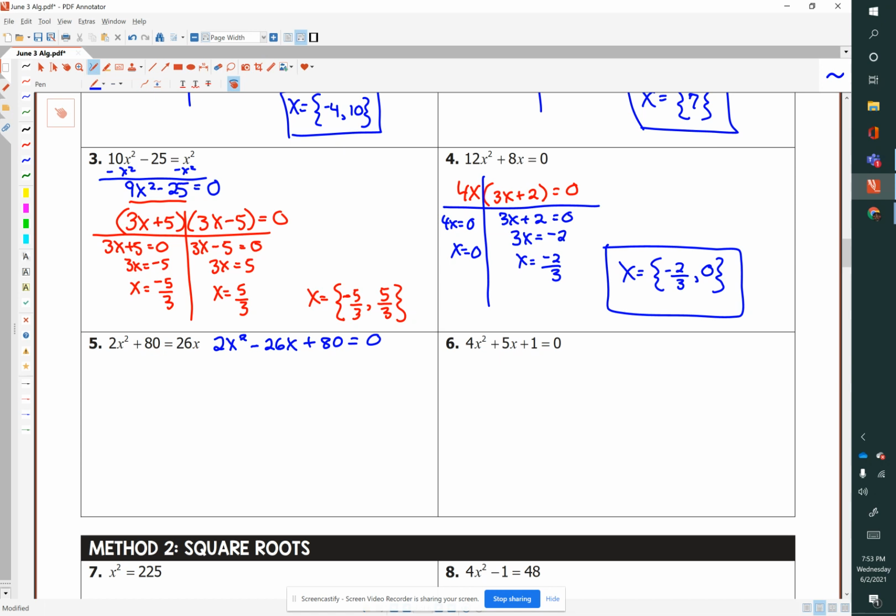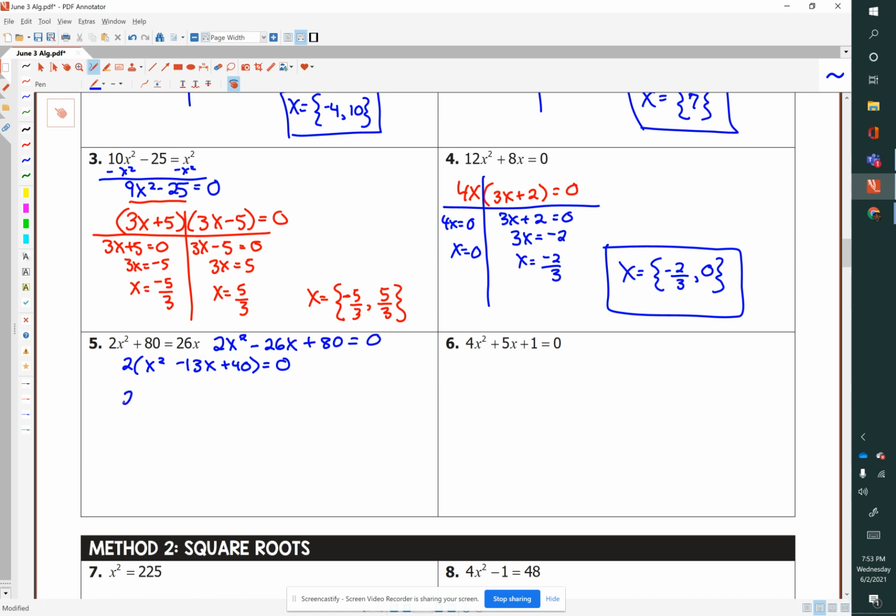And I would factor a 2 out of that, which will give you x squared minus 13x plus 40 equals 0. And we're looking for two numbers that add to negative 13 and multiply to 40. That would be a negative 8 and a negative 5.